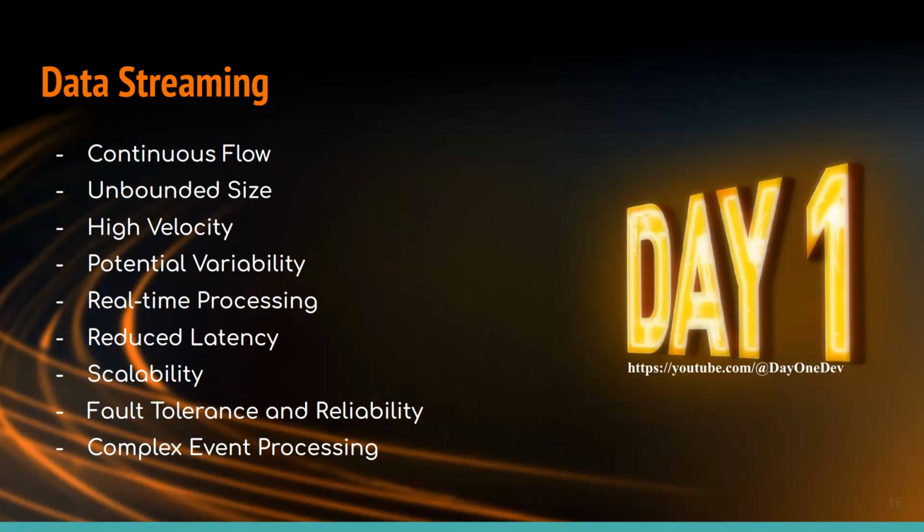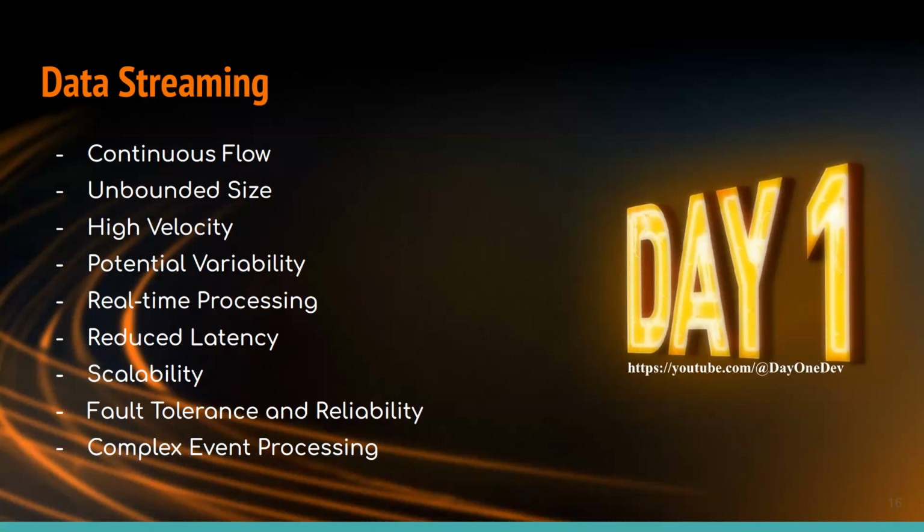Keeping these features together enables organizations to process, analyze, and derive insights from high velocity data streams, facilitating real-time decision making, monitoring, and predictive analytics across various domains such as finance, IoT, healthcare, and technology areas.